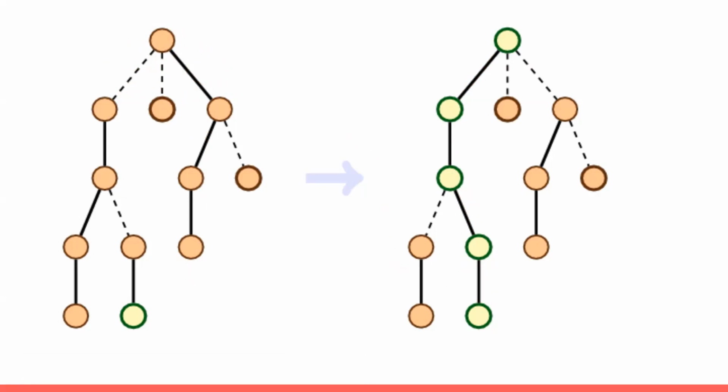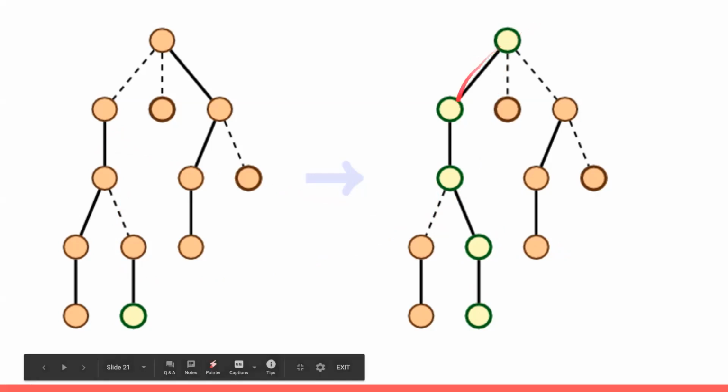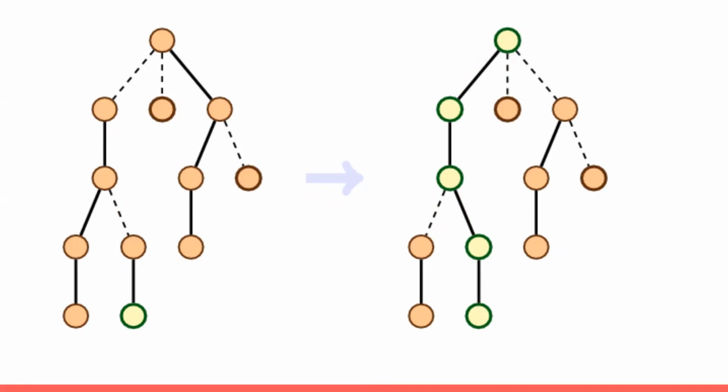What is a heavy edge? A heavy edge is an edge that we used. So if we have some query, all the edges between this vertex and the root will be heavy, and they will stay heavy if we don't change them to light.